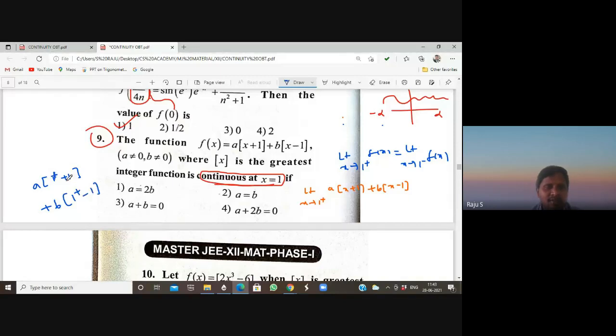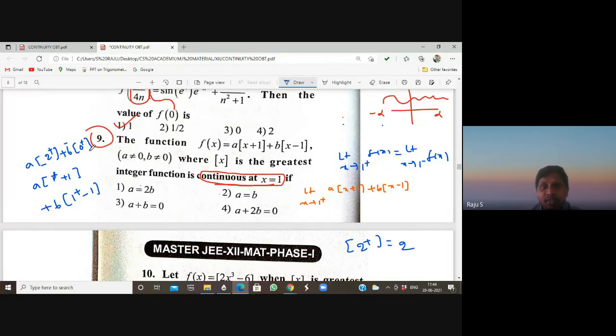Nothing but 1 plus 1 means 2 plus. So this is a into 2 plus b into 0 plus. What is the greatest integer of 2 plus? 2 plus means more than 2, that is 2.1, 2.2, so this is 2. Am I right?